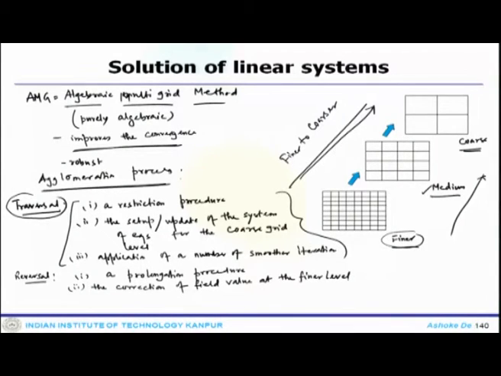So, that is the correction of field value at the final level, and third, the application of a number of smoother iteration on the equation constructed during restriction.